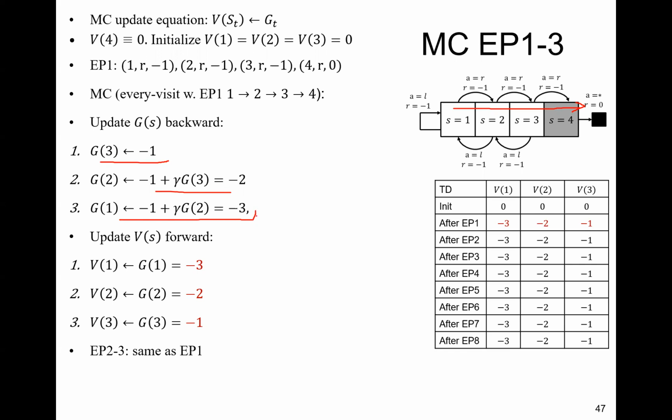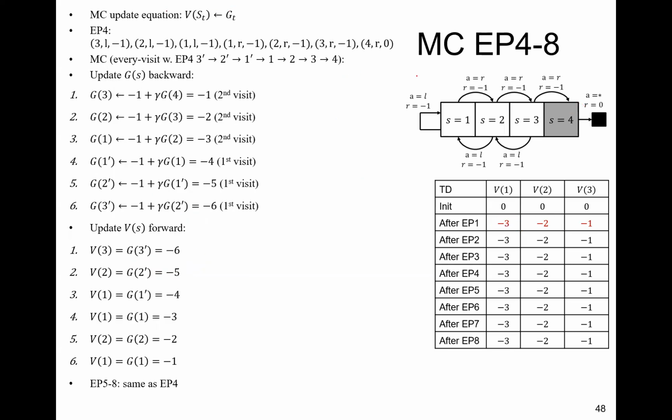And then you update the V forward based on this update equation with alpha equal 1. So that's the first episode. And future episodes are the same, mainly because of the alpha equal 1 learning rate.